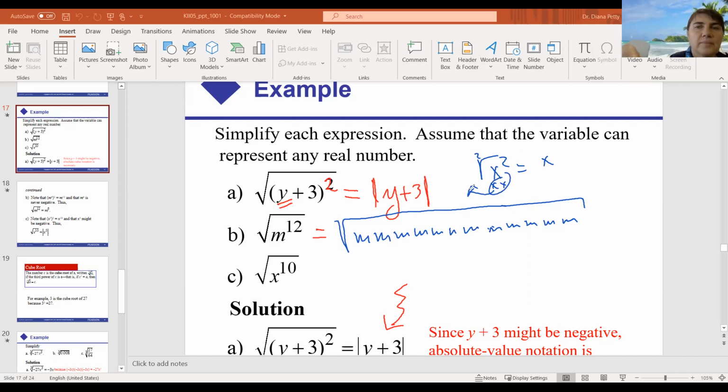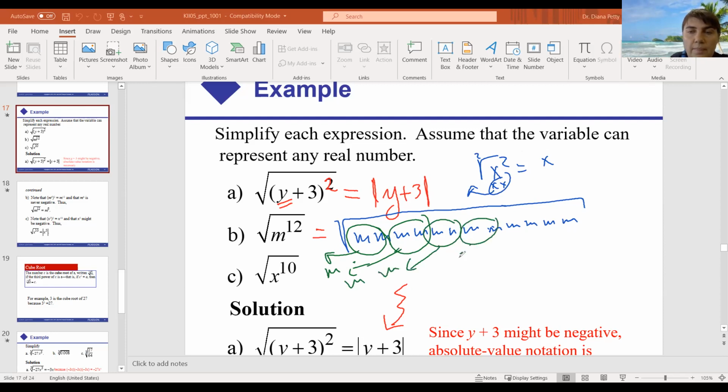From here, one group of 2 comes out as an m, another group of 2 comes out as an m. Because it's 12, you're going to get 6 groups coming out, because 12 divided by 2 is 6. Groups of 2 come out. So you end up with 1, 2, 3, 4, 5, 6 of those, which is m to the power of 6.